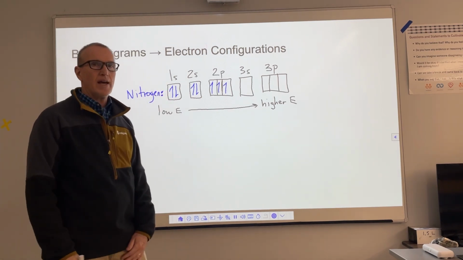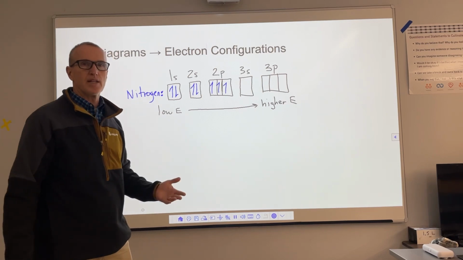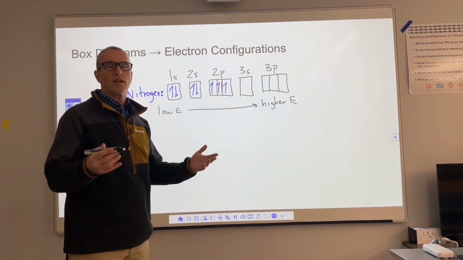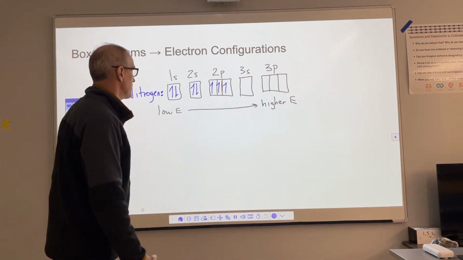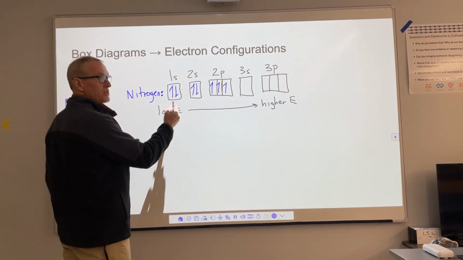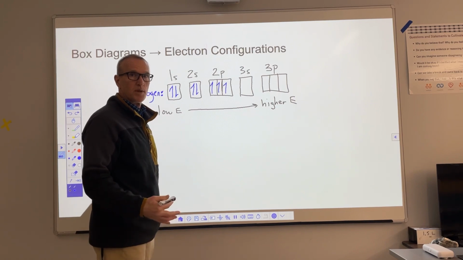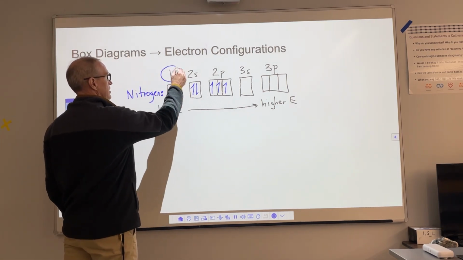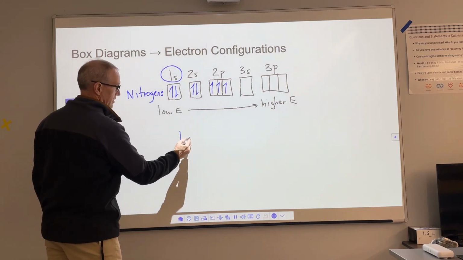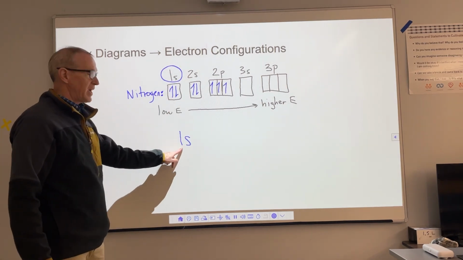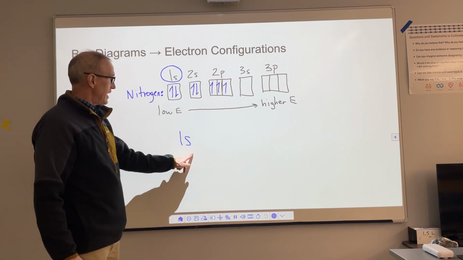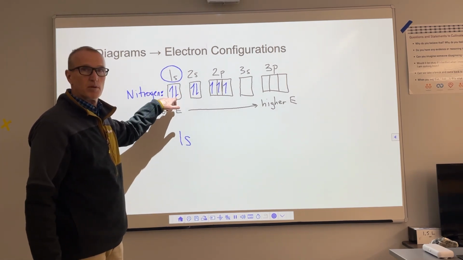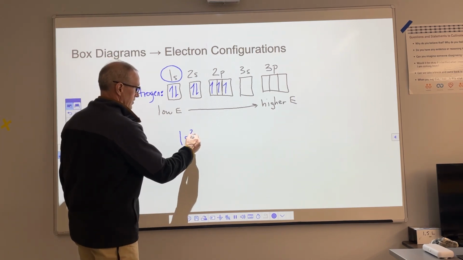What I'm going to show you now is how we translate or transfer this into an electron configuration, which is just another way of representing the same thing. So instead of using boxes with arrows, we take the label here, 1s, first main energy level, s sublevel, and then we use a superscript, super being above, to represent the number of electrons. 2.